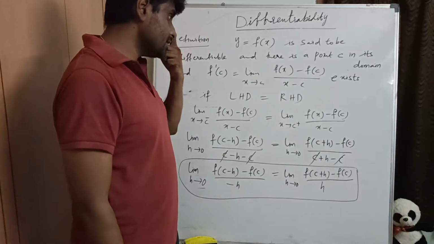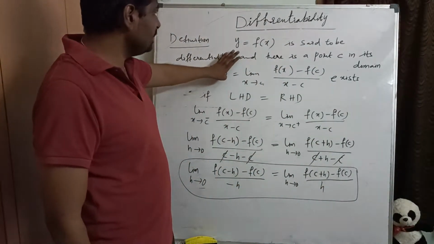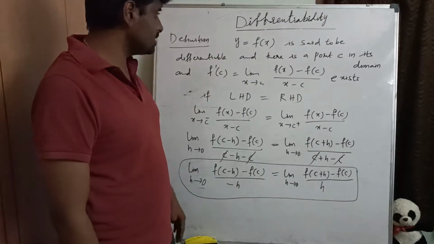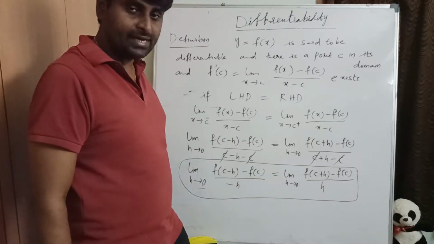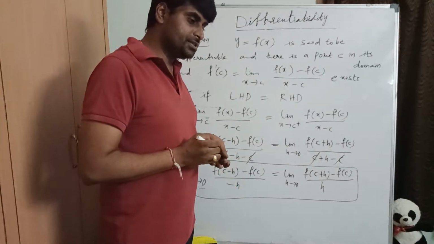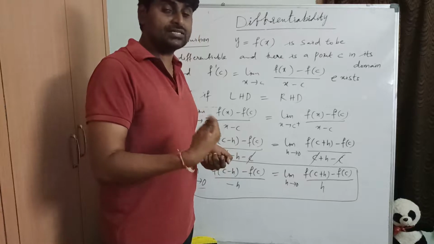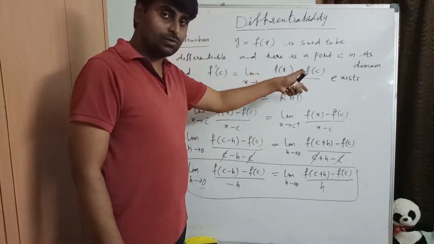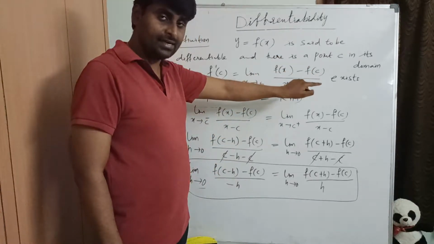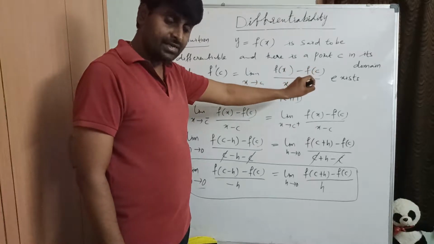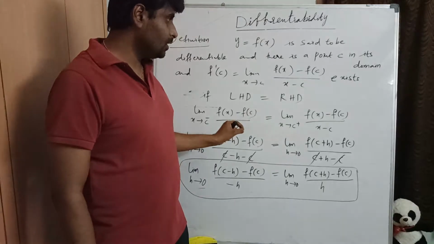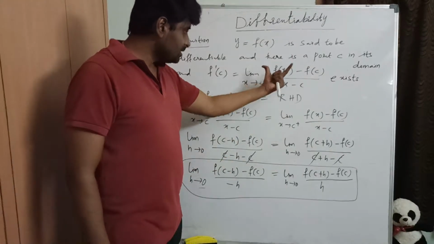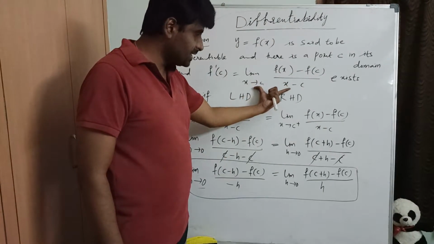So when can you say one function is differentiable? One function is said to be differentiable at a point in its domain. At x equals C, suppose, we are going to check whether that function is differentiable or not. When can you say it is differentiable and this condition exists?